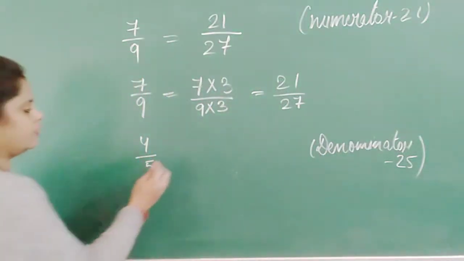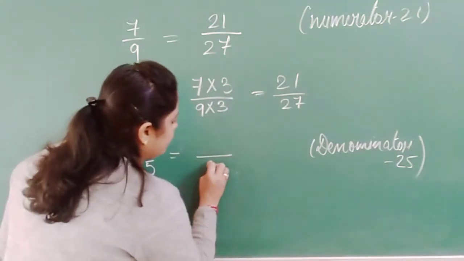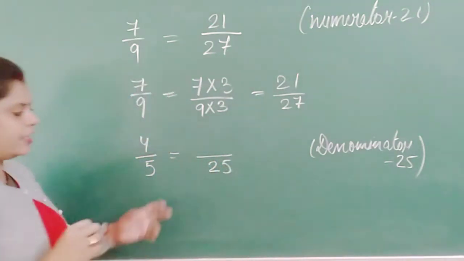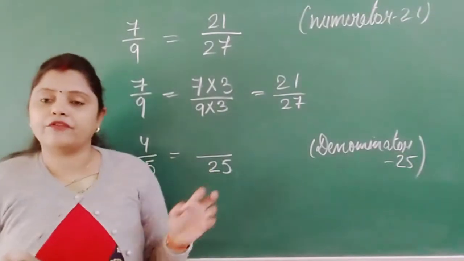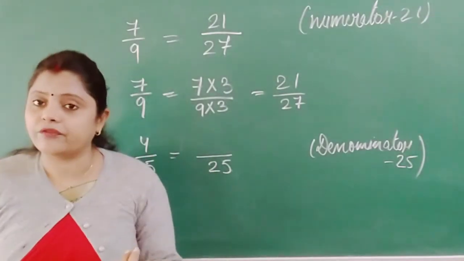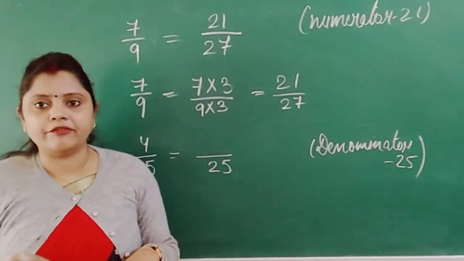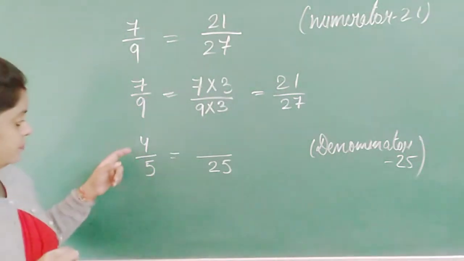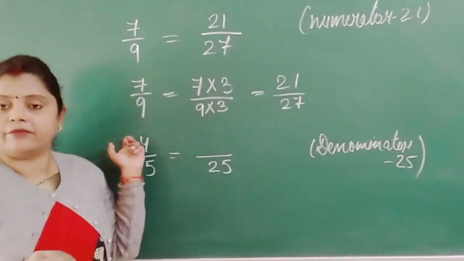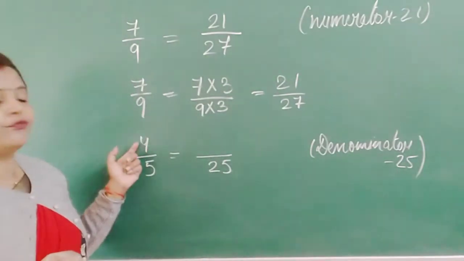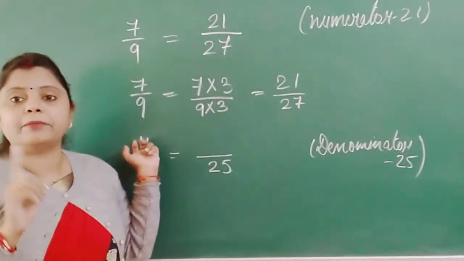So what we have to do: instead of 5 I need 25, and now we know that 25 does come in the table of 5. 5 fives are 25. That means if I multiply 5 with 5 I get 25. For this, the same number I have to multiply with the numerator. That means 4 should also be multiplied by 5.